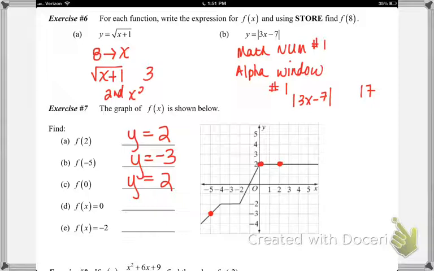When f of x is equal to 0, that means when y is equal to 0, what is x going to equal? So again, we're going to go to y equals 0 and draw a horizontal line with our straight edge.